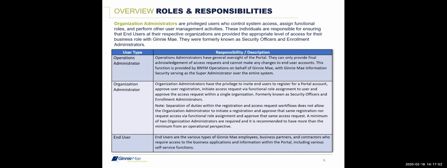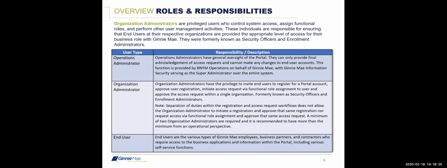If you are an organization administrator that also needs a functional role, you cannot provide that access to yourself. That means you will need 2 other organization administrators to request and approve that role for you. So it is strongly advised that you have a minimum of 3 organization administrators, preferably more, to make sure that you are able to manage the access workflow on behalf of your users, okay?